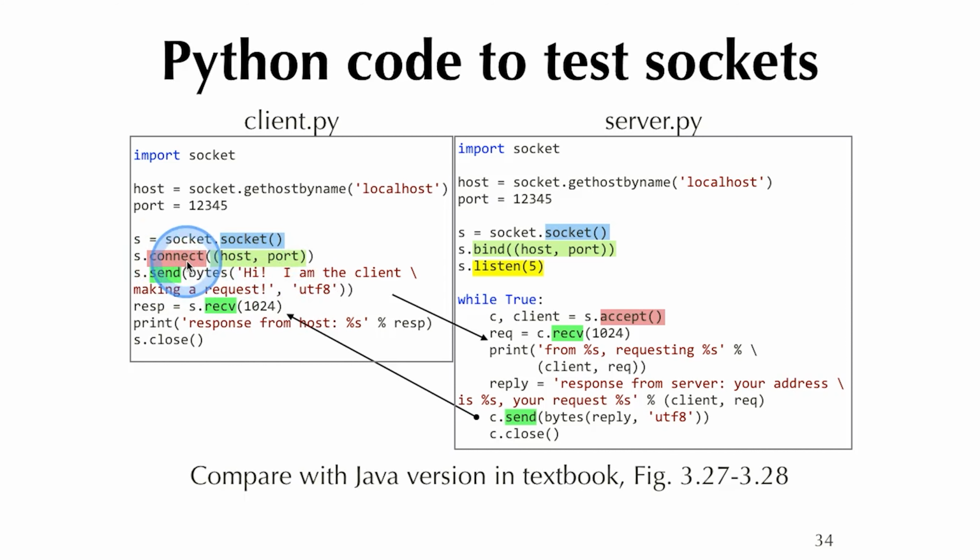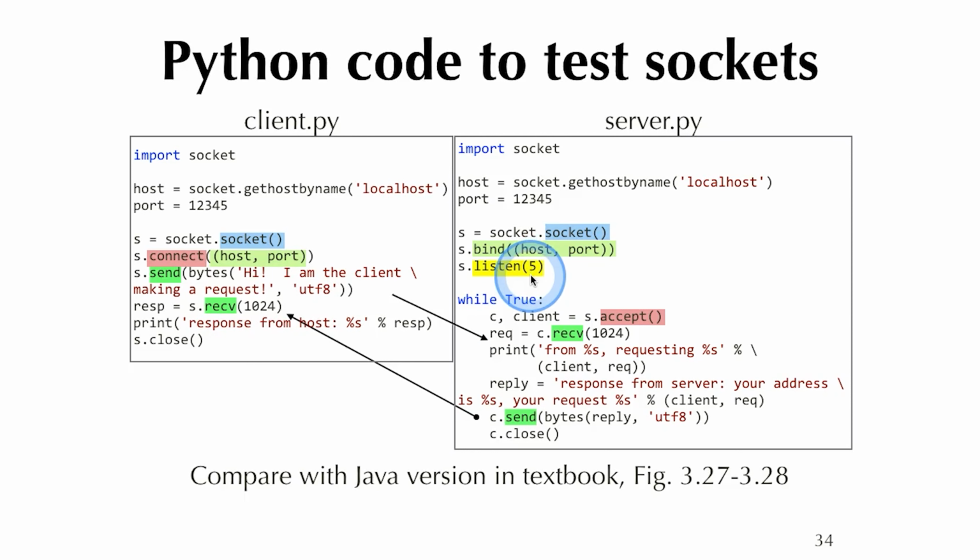And once it's connected, then you can do the send or receive. On the server side, though, you do the listen, but then for every client that connects, you actually get a separate instance of a client socket that you send or receive with.